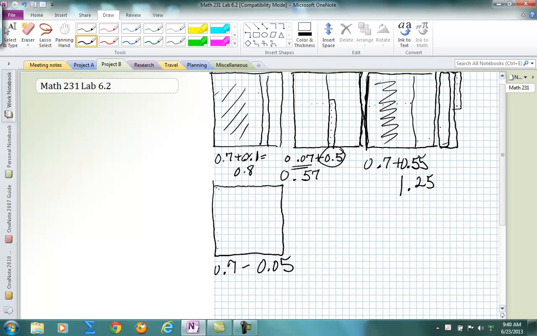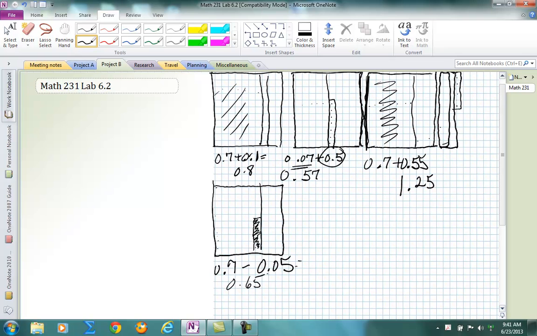So I'm going to mark off 7/10 and then I'm going to take away from that 5/100. And then I count to see what I have left, which would be 65/100. So addition and subtraction, I think, are well demonstrated by using graph paper.